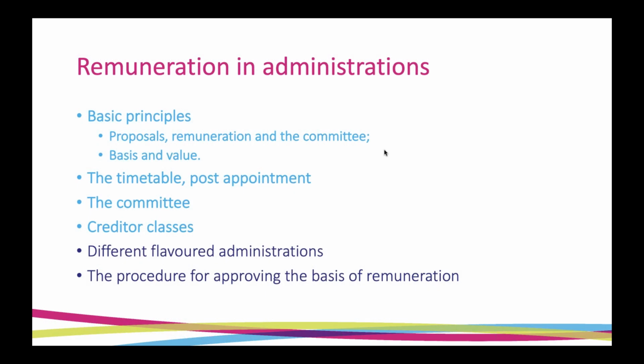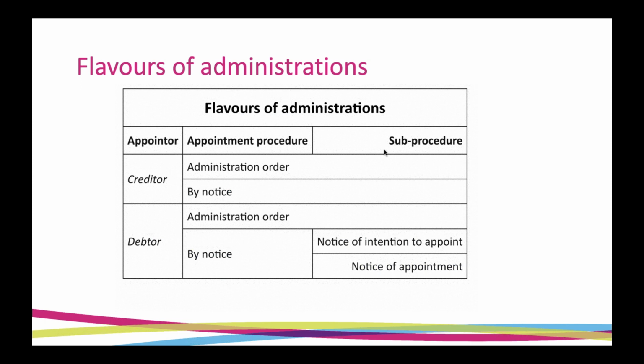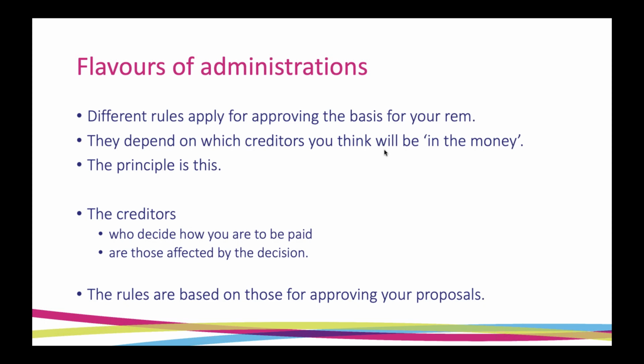Let's move on now to look at the different flavours of administrations. One way of categorizing administrations would be by the route into administration. That's not important here. What we need to look at is to identify the creditors who are in the money for the purpose of approving the basis for your remuneration.